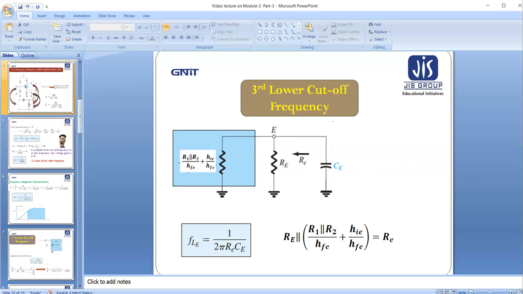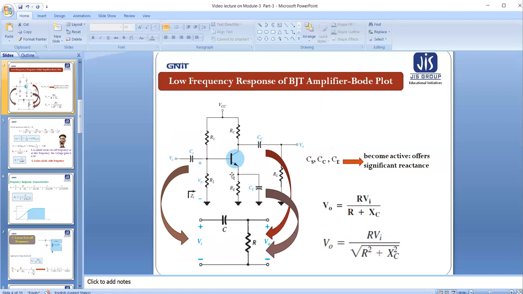Because the base current IB is flowing through R1 parallel R2 and this hie resistance, and the emitter current IE is flowing through the resistance RE. Now the emitter current is (1 plus hfe), the AC beta, times IB. As hfe is greater than 1, we can neglect the 1. So we can say that the emitter current will be hfe times this base current.